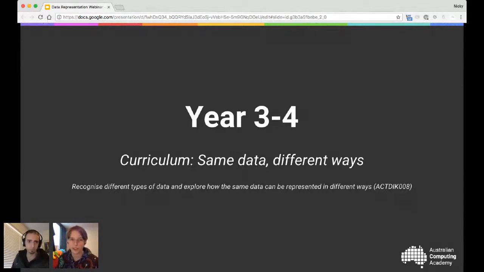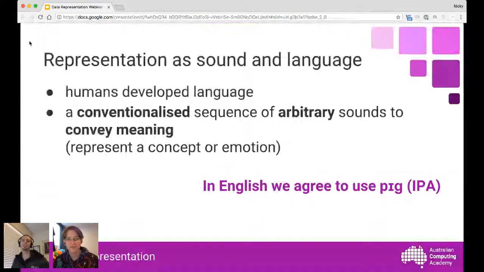So when we, Nicky? Yep. When we start thinking about how humans develop language, one of the things that Kib mentioned earlier, which is context, one of the things that we really have to understand is that these sounds that we use in our language have been developed by humans. And I think one of the things that we want to emphasize when we talk to our students about the digital technology subject is that it is created by people.